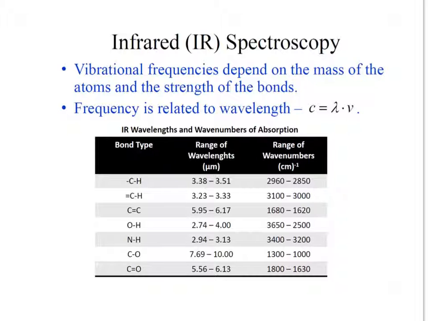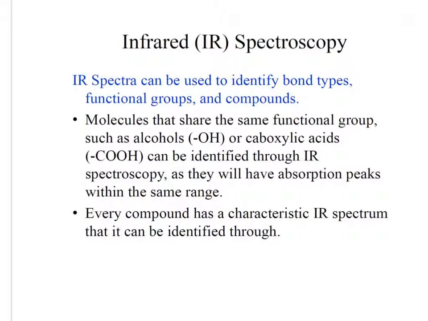Wave numbers are the reciprocal of the wavelengths measured in centimeters to the negative 1 power. IR spectra are often plotted with wave numbers along the top and wavelengths along the bottom on the x-axis. So infrared spectroscopy can be used to identify bond types, functional groups, and compounds.